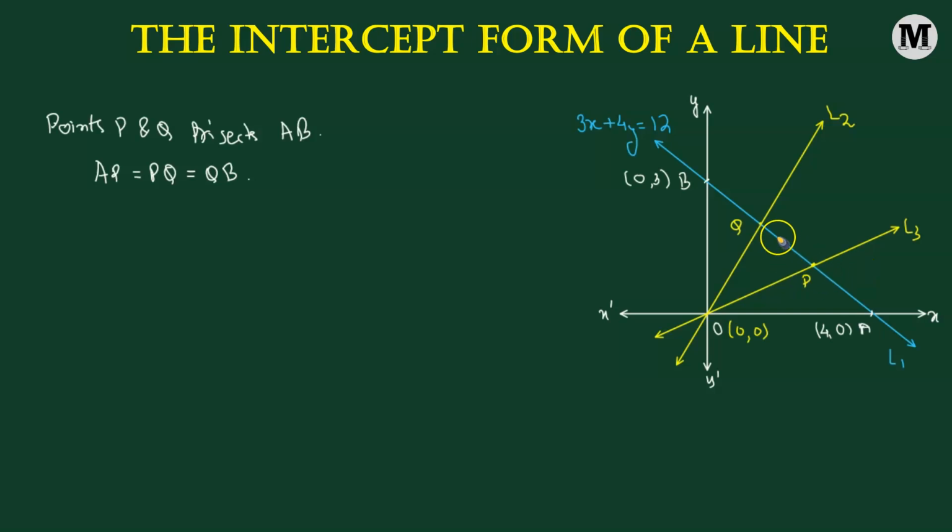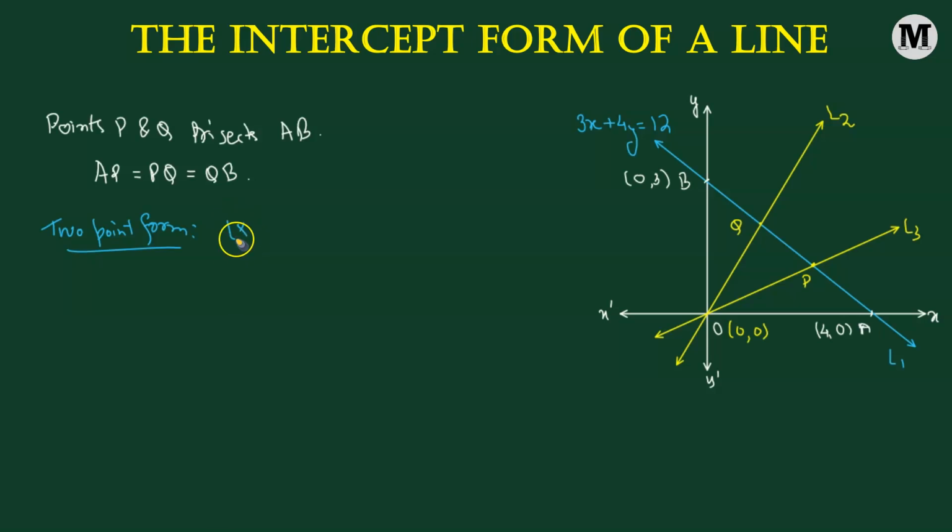So how should we do that? In order to find out the equation of those two lines, we're going to take the help of the 2-point form of a line. So let's quickly go through the 2-point form of a line. The 2-point form of a line requires us to at least have 2 points, and when we join the 2 points, we're going to get a straight line.